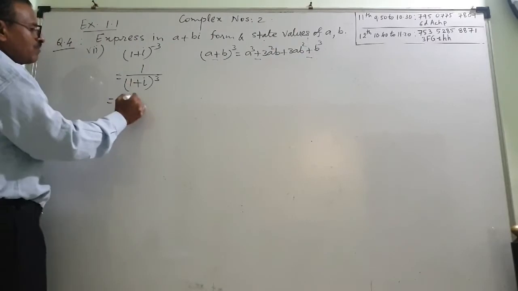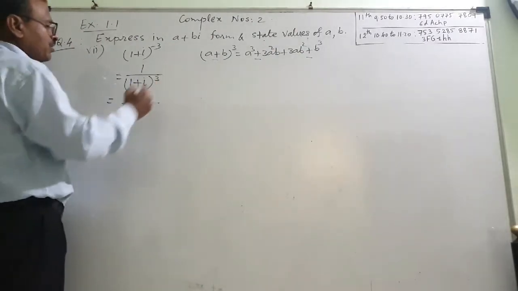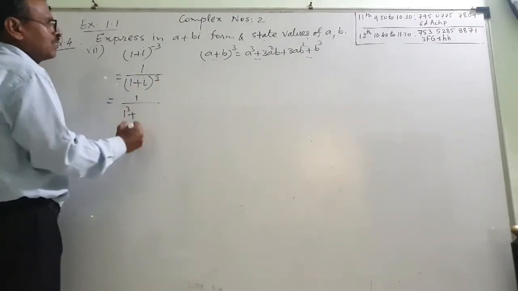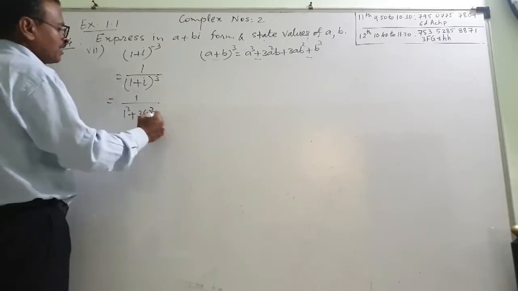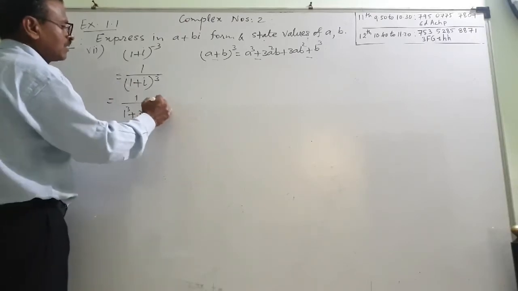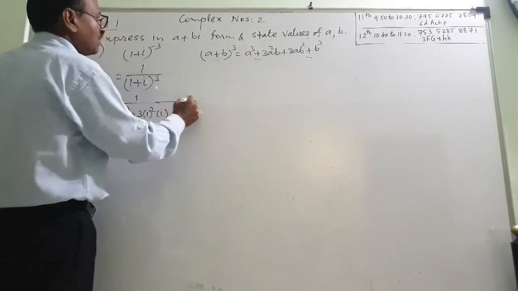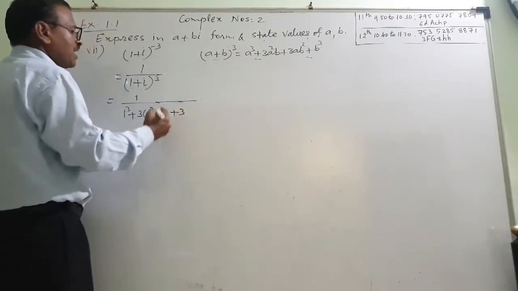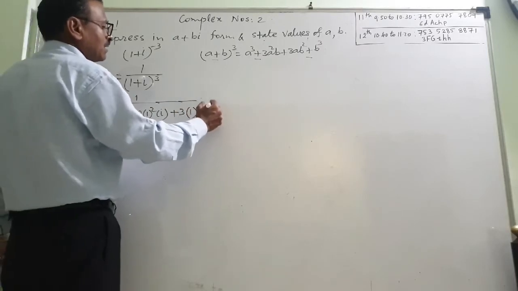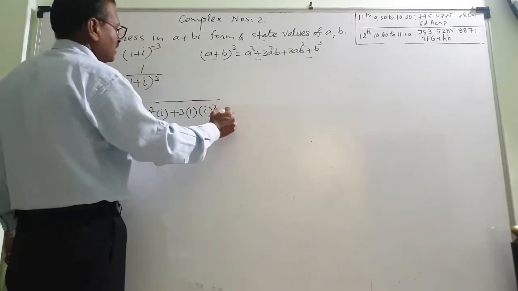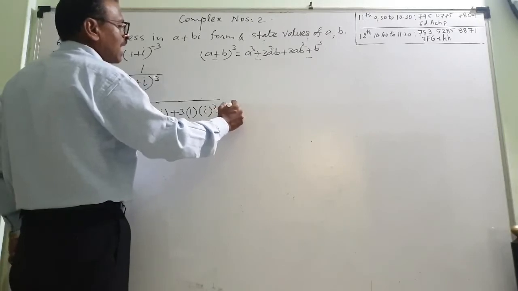So this also I will solve this way. a cube means 1 cube, plus 3 a square means 1 square into b, b is i, this is 3a square, plus 3ab square, a means 1, b means i, 3ab square, plus b cube means i cube.